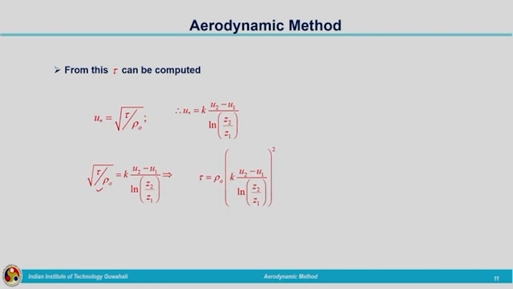The entire right hand side will have the power 2, and the left hand side will be tau by rho a. So, tau by rho a is equal to the square of the right hand term. It will come out like this: tau equals rho a multiplied by k times u2 minus u1 divided by ln z2 by z1, all squared. So, this is the equation corresponding to momentum flux tau.